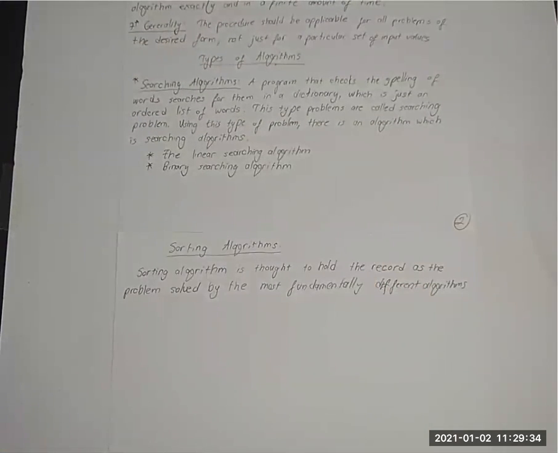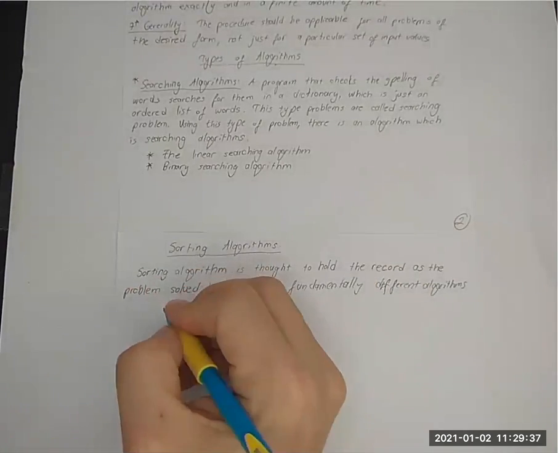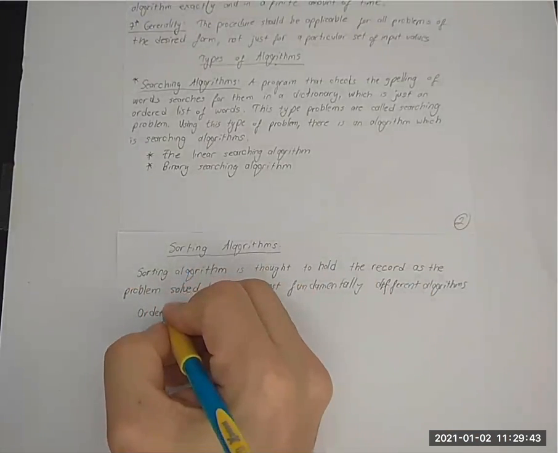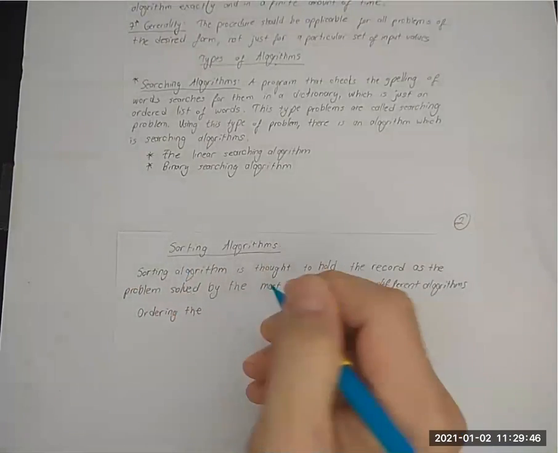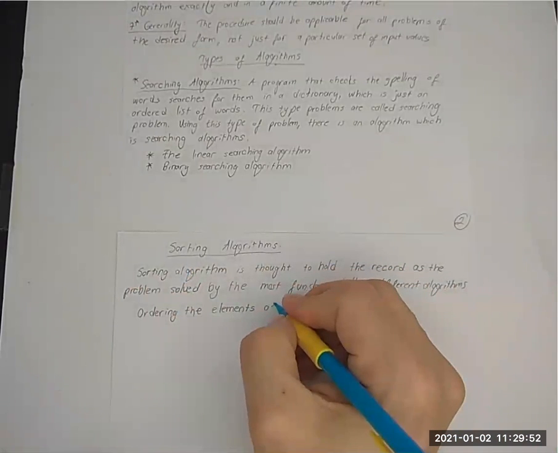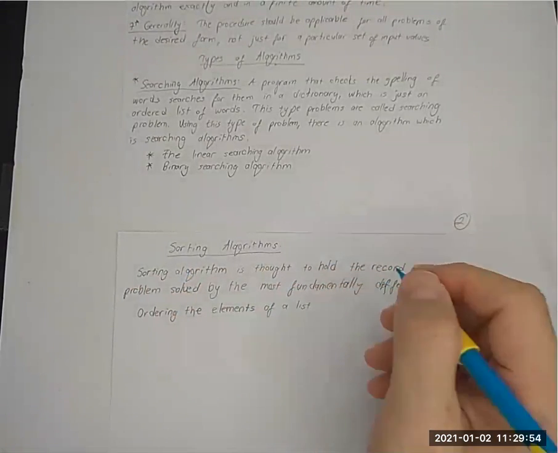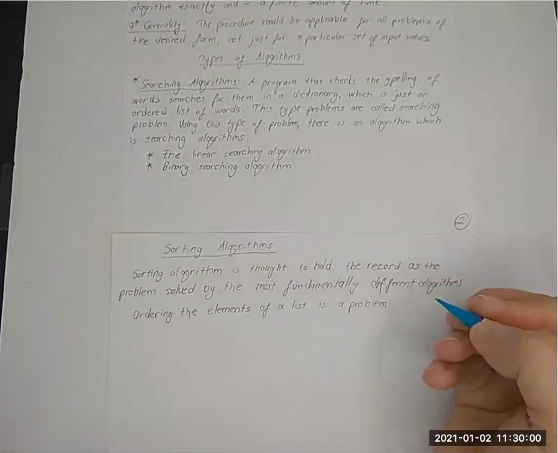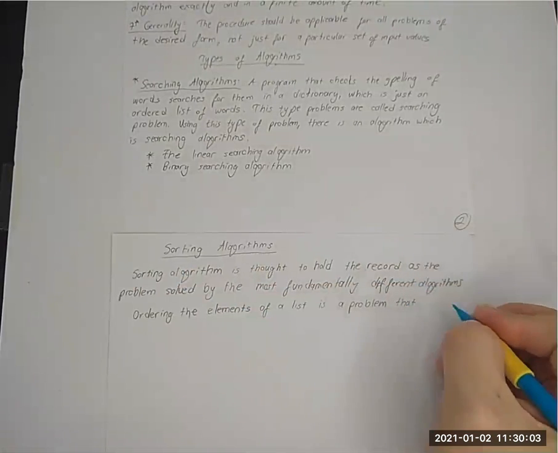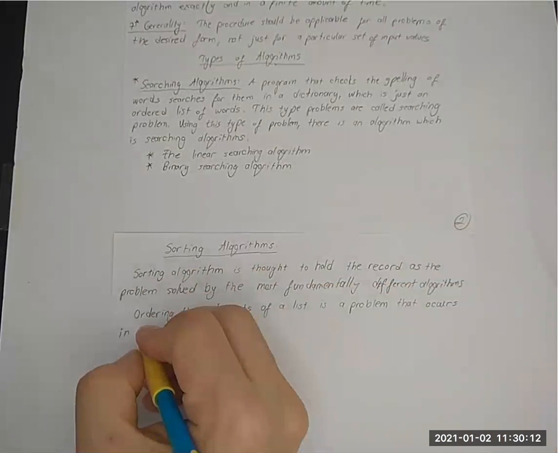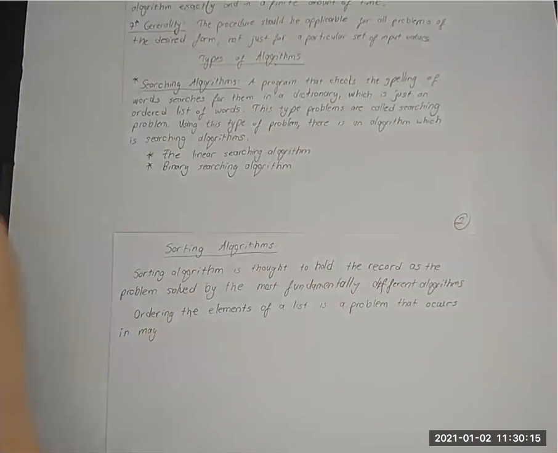And sorting algorithm. So what is the general definition of the sorting algorithm? Ordering the elements of a list is a problem that occurs in many contexts.